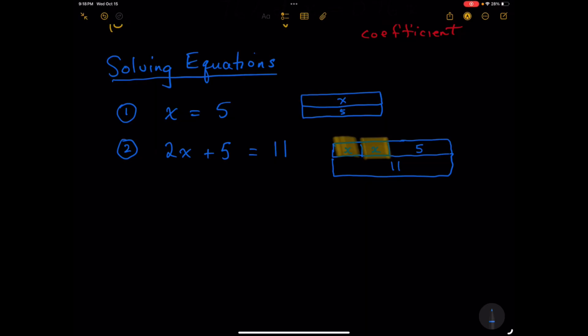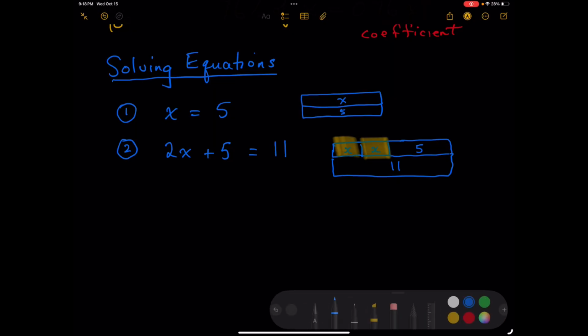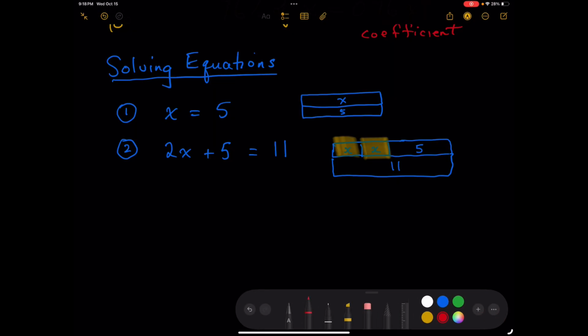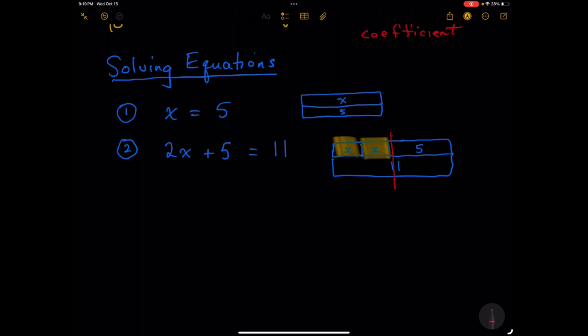So in this example, 2x plus 5 equals 11, when I write the two sides as bars, just trying to give you a visualization, notice if I cut this into 5 and 6, on this section here I've got 5 equals 5.